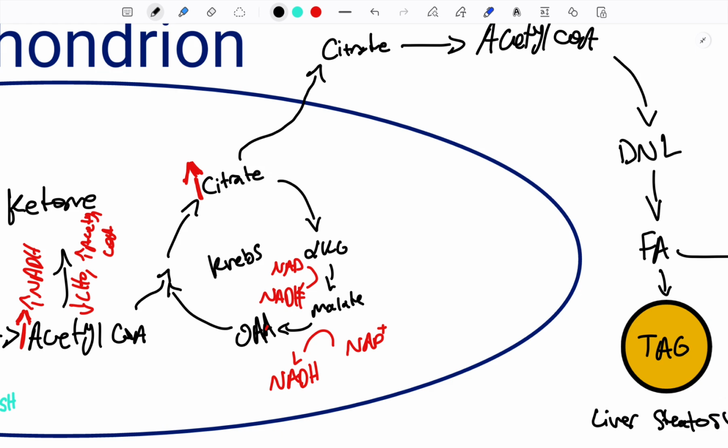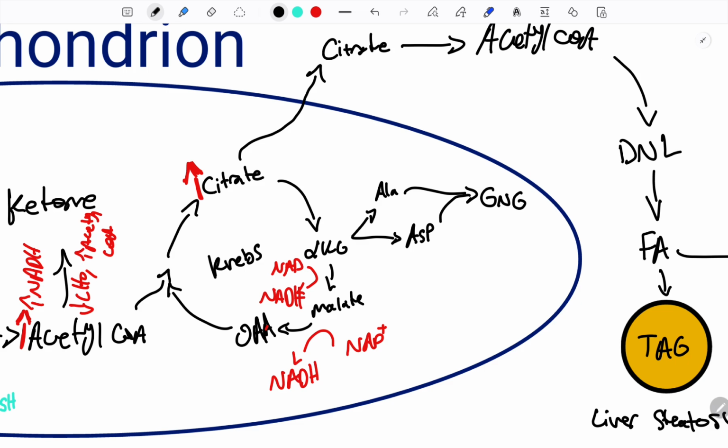And I'm sure you guys have heard of amino acids such as alanine that can be used for gluconeogenesis. Alpha-ketoglutarate can actually be transaminated to give us alanine. It can also give us another amino acid that can be used for gluconeogenesis called aspartate. And both of these can be used for gluconeogenesis, GNG.